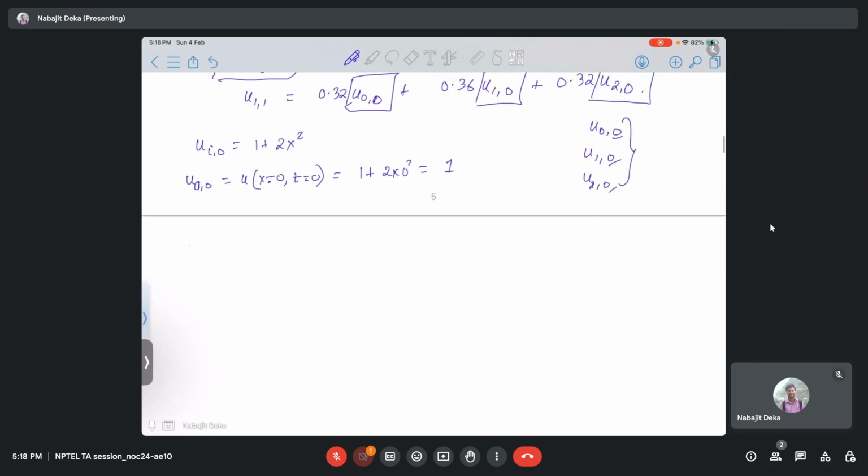Then u 1 comma 0 will be x equal to delta x, t equal to 0, so 1 plus 2 into delta x square.